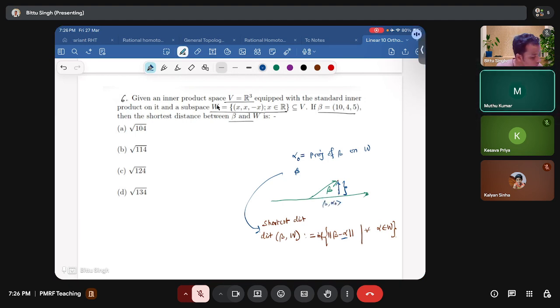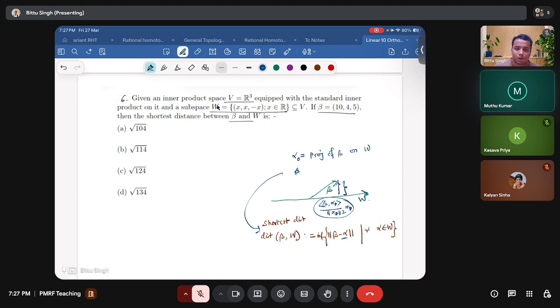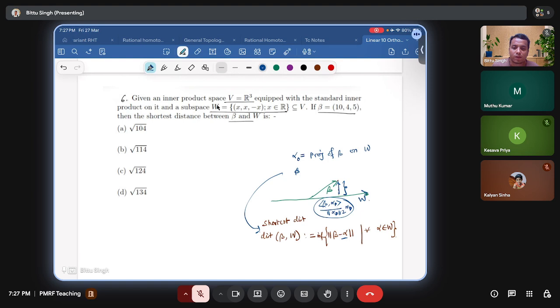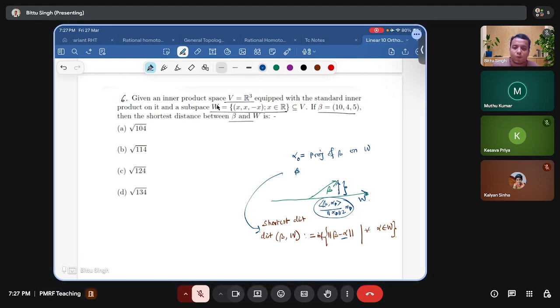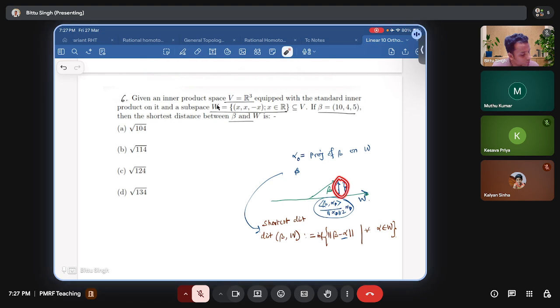This is the projection of beta along the space W, so we need to subtract this projection from beta. We are projecting the vector beta on the subspace W, and we need to subtract it from beta.